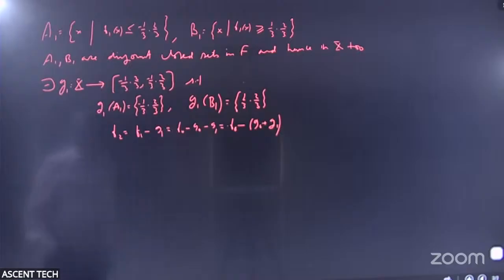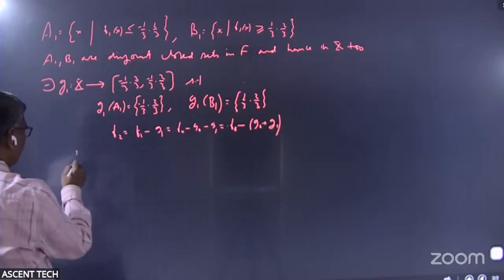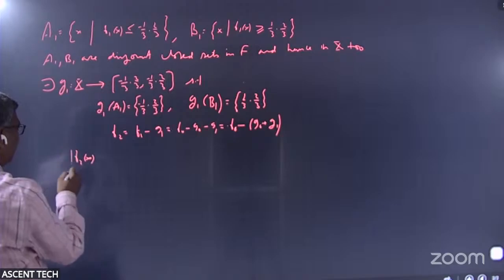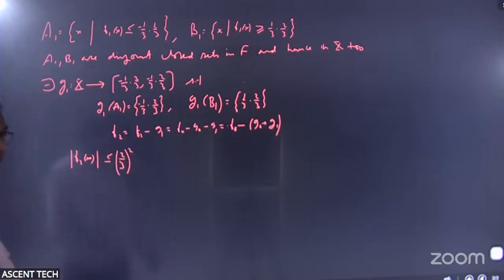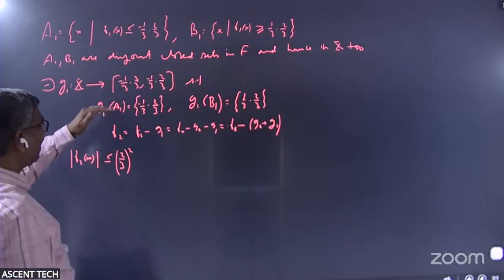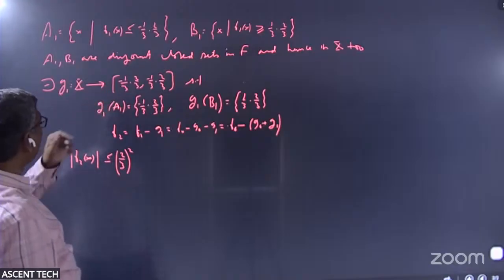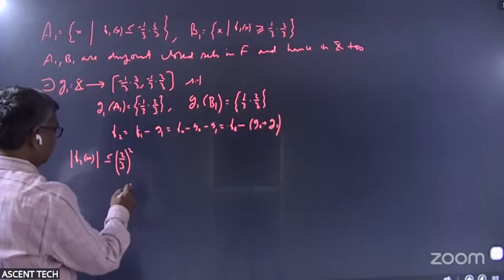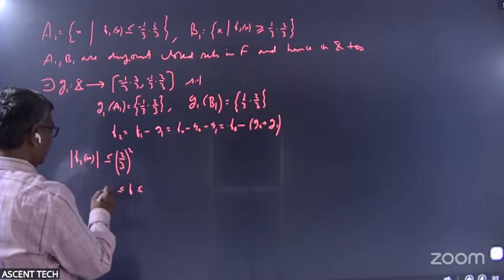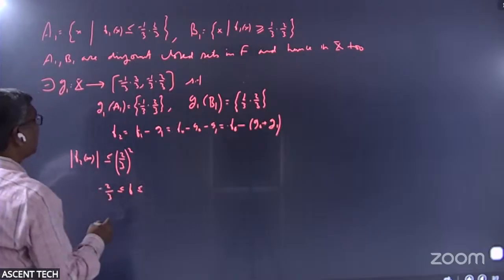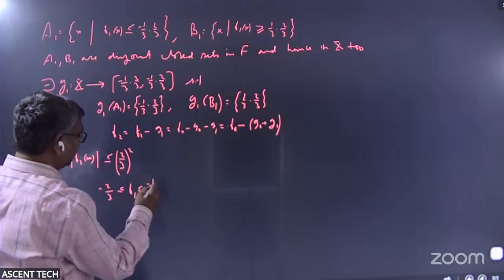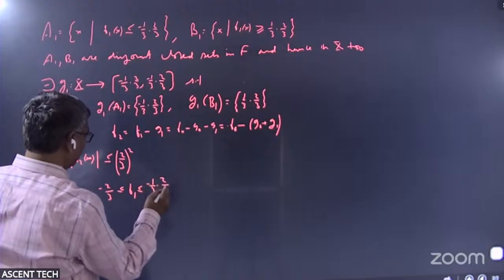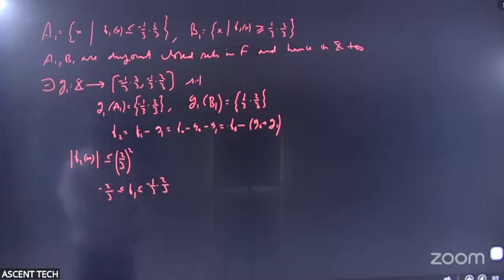Once again, I'll show you that the absolute value of F2x is less than or equal to 2/3 squared. Same argument I will apply on A1. On A1, F1 is greater than or equal to minus 2/3 and less than or equal to minus 1/3 into 2/3.